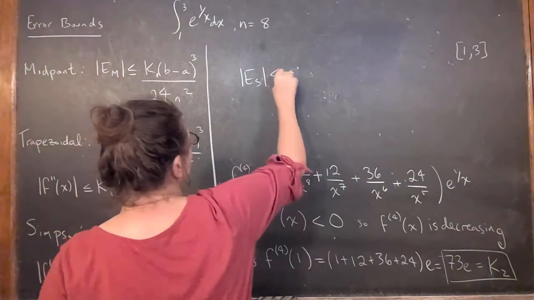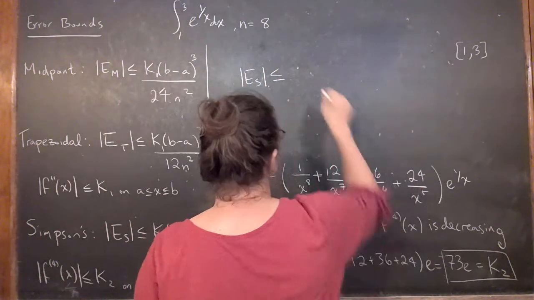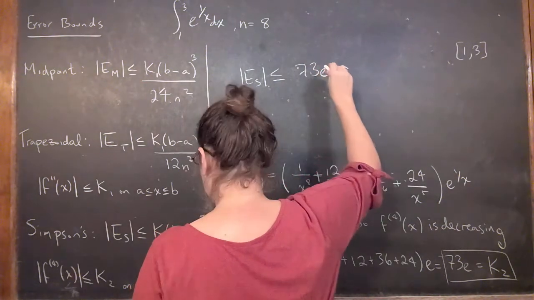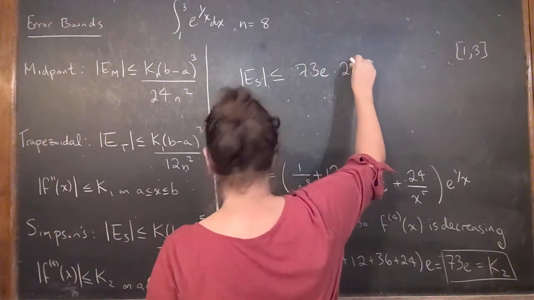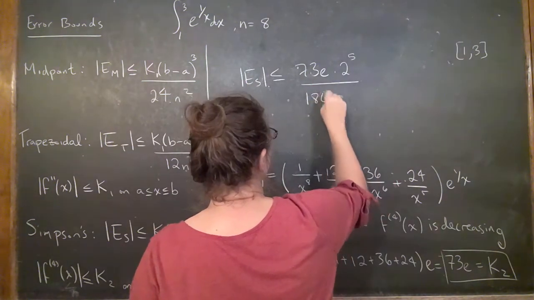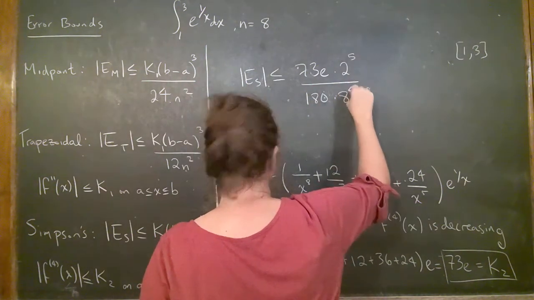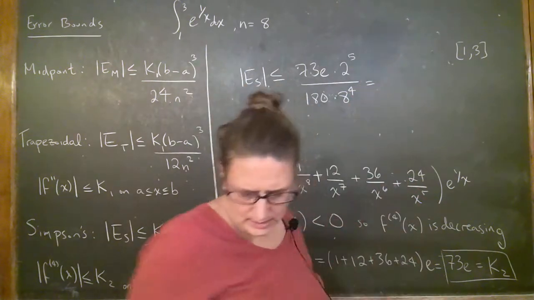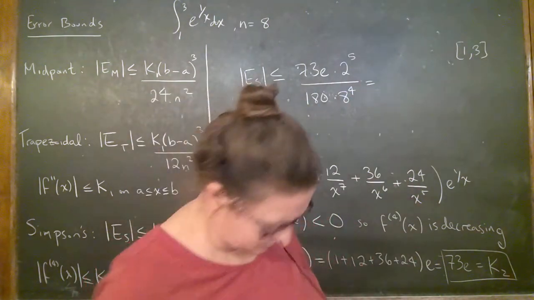So the maximum value of this Simpson's rule error is going to give me 73e times 2, which is b minus a to the 5th, and then I've got 180 times 8 to the 4th. And I wrote this down too.